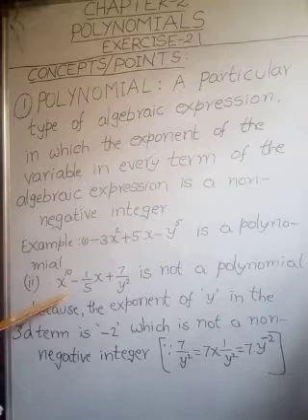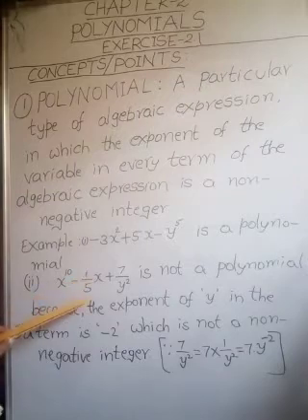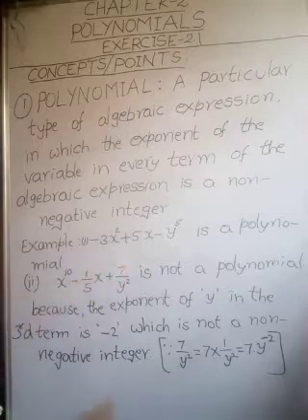Here also there are 3 terms. The first term is x power 10, the second term is minus 1 by 5x, and the third term is 7 by y square.